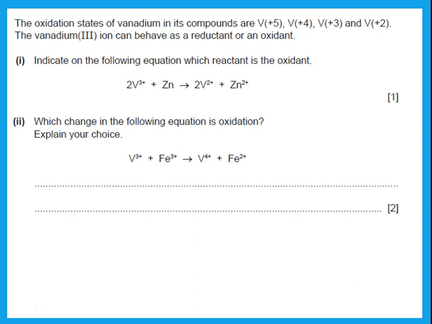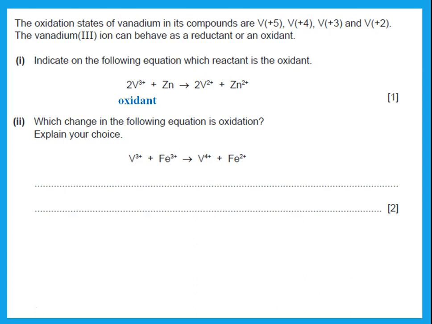What has happened to the V3+ and the zinc? The V3+ has changed into V2+. That means the oxidation number has gone from +3 to +2, so it has decreased. That means the V3+ has been reduced. It is the oxidant.